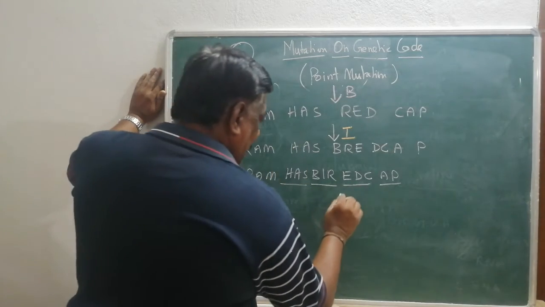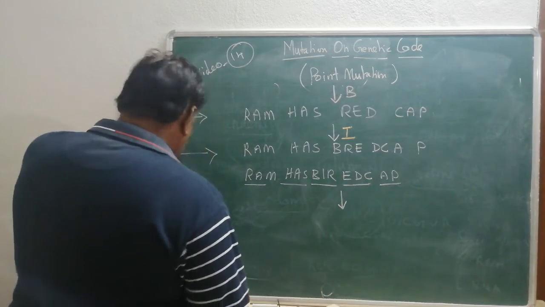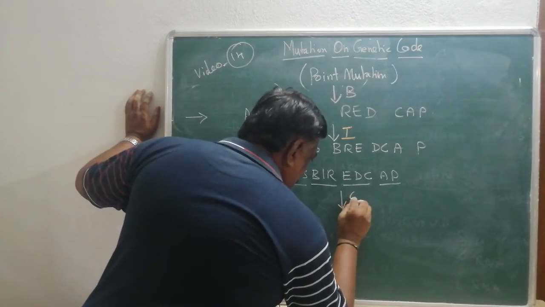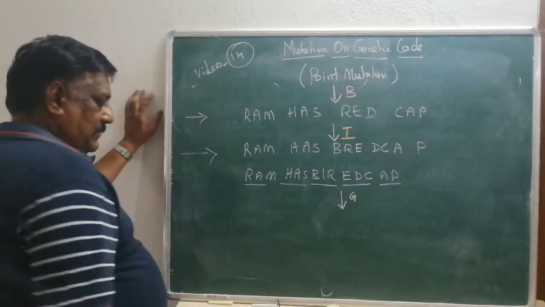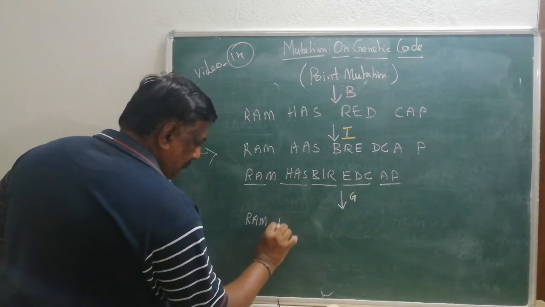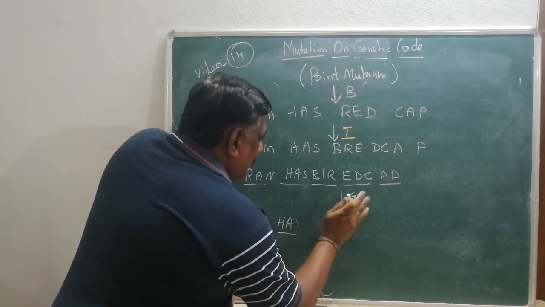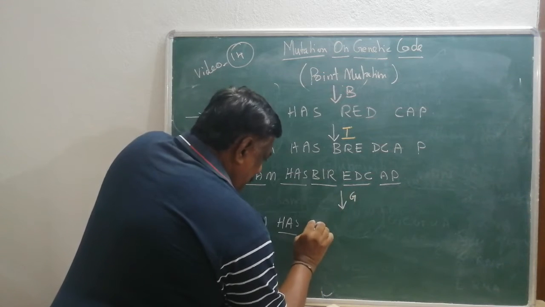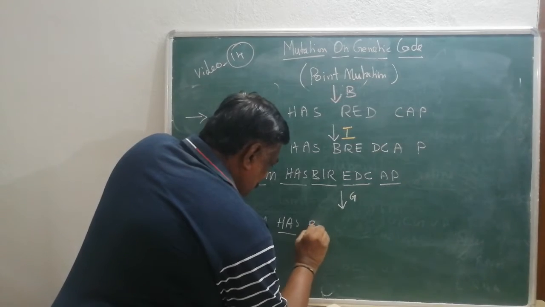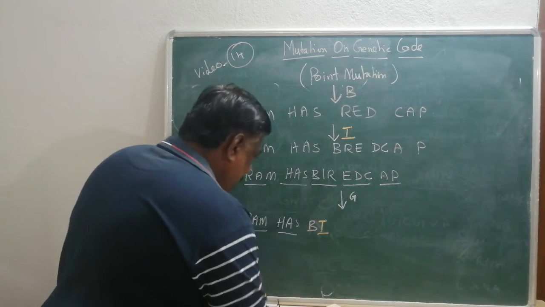Suppose in the same area, I take another color, yellow. Suppose G, a nitrogen base, is introduced. Now you write: Ram has, no change. Already we have written B in one color, I in another color, and G in this color.